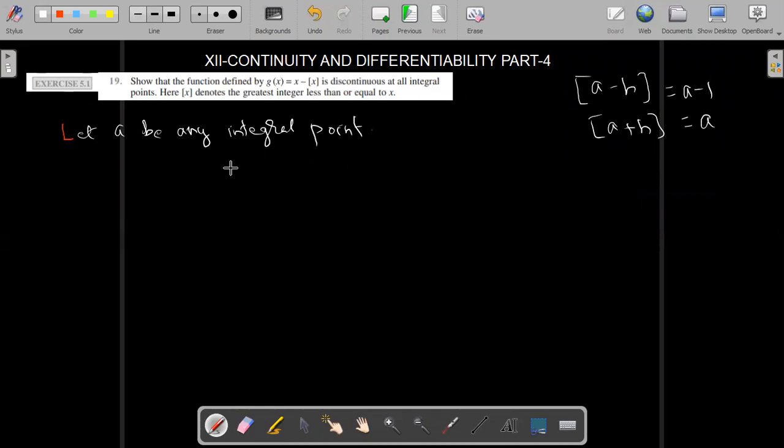Okay, so we will find the left hand limit first. Limit x tending to a negative f(x), and x is replaced by, or you can write the first definition of the function, that is x minus greatest integer x.